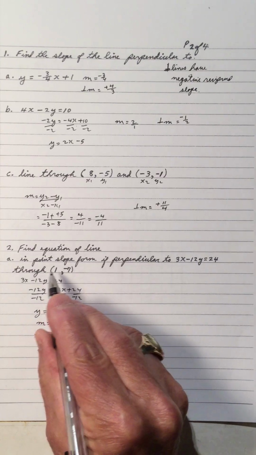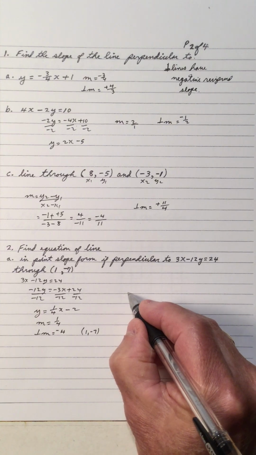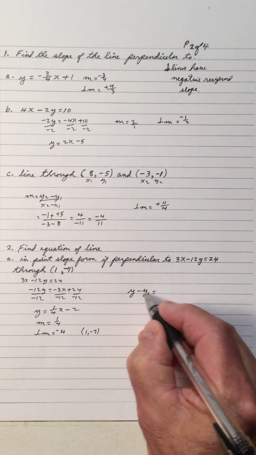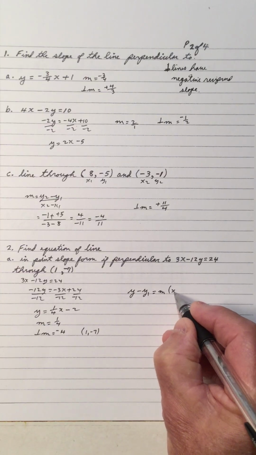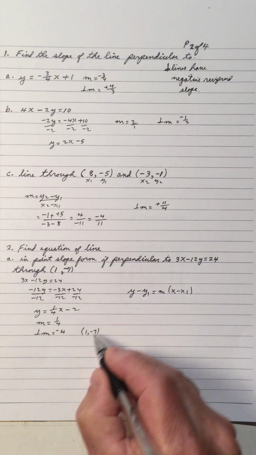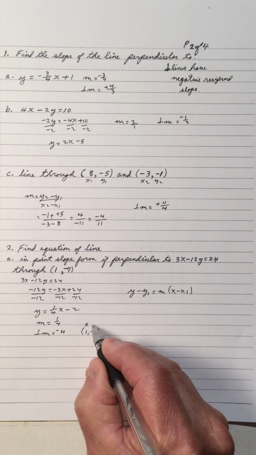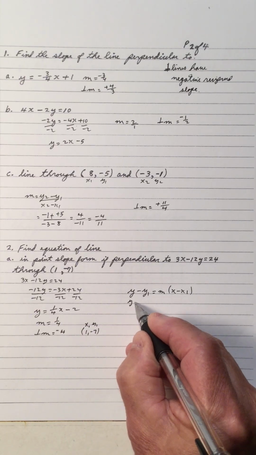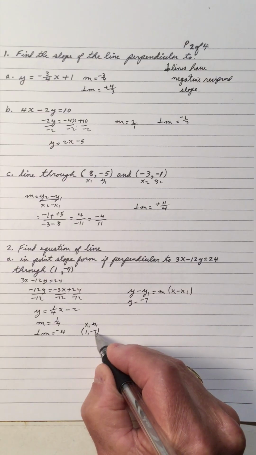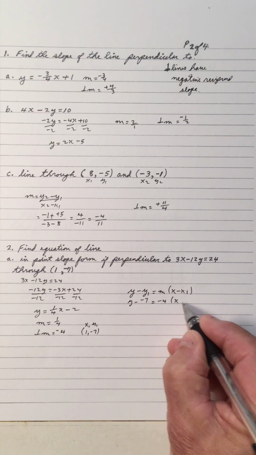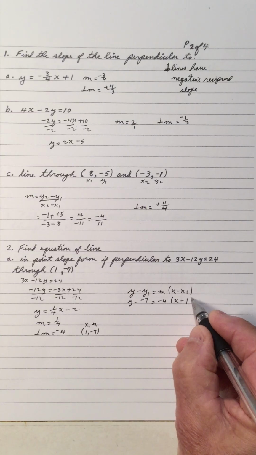So we want to find the equation in point slope form: y minus y1 equals m times x minus x1. So the point is x is 1 and y is -7. So it's y minus -7, and the slope is -4, and x minus 1.